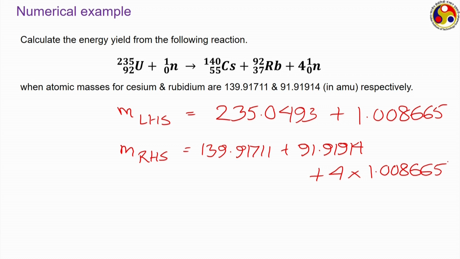So, if we compare these two figures, you will find that the mass of the left hand side minus the mass of the right hand side, which we are calling the mass defect, is equal to, I have already worked out this number, 0.187055 mu.